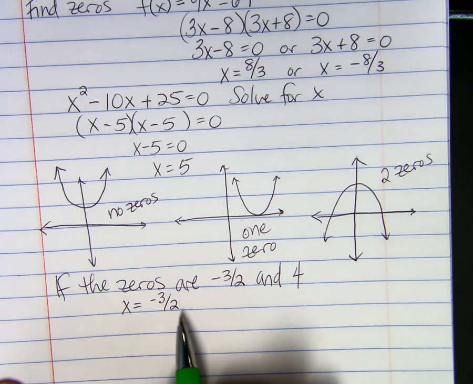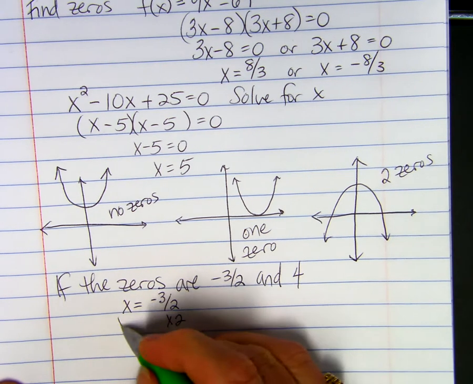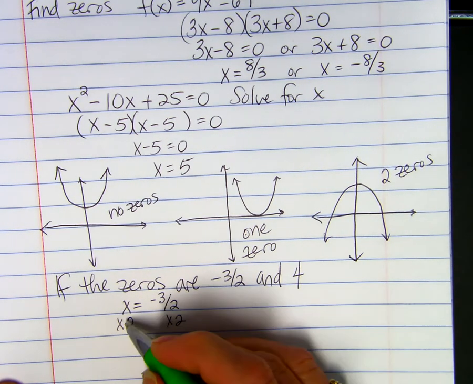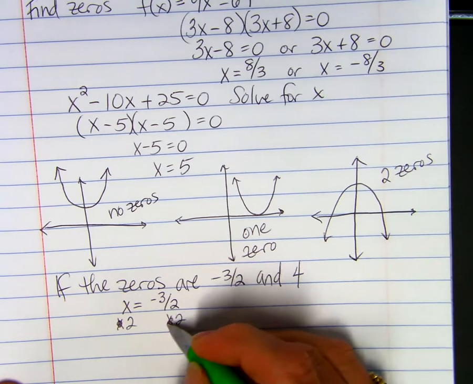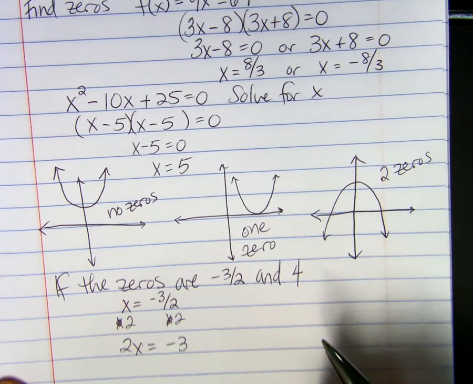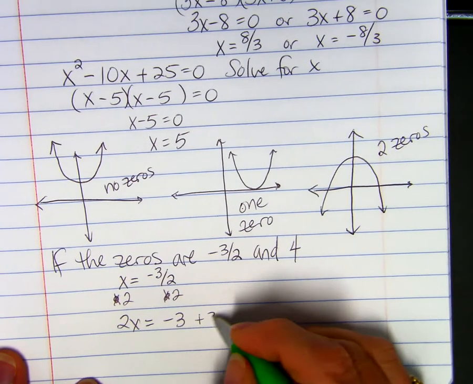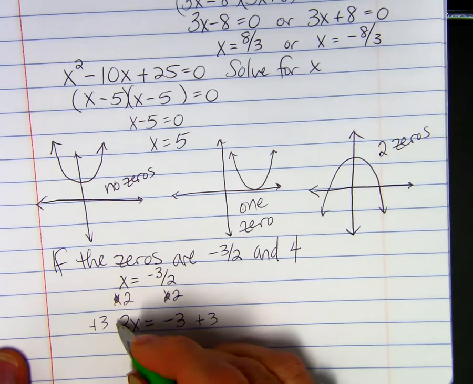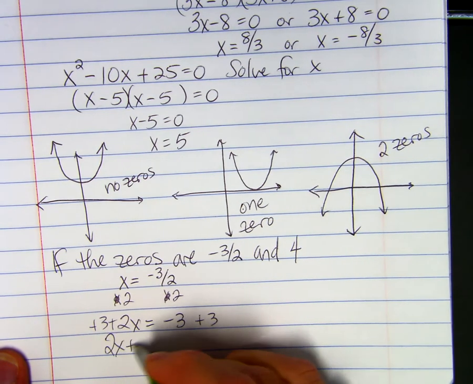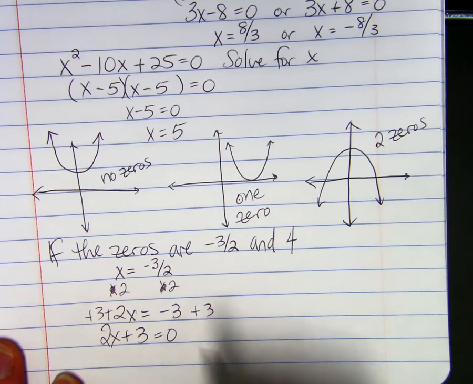So we're going to multiply both sides by 2. Anyway, 2x equals negative 3. I want a 0, so I have to add 3 to both sides. So I get 2x plus 3 equals 0. So there's one of my factors of my function.